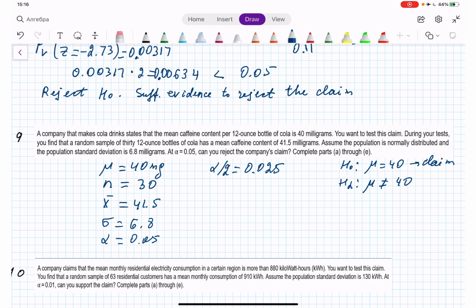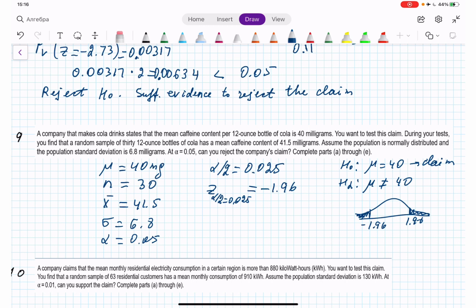In the negative z-score table, we will find that z critical for alpha half equal to 0.025 is negative 1.96. Now, remember I told you, since we have two tails, the value is the same, just the sign is different. This negative 1.96 here will be positive 1.96.